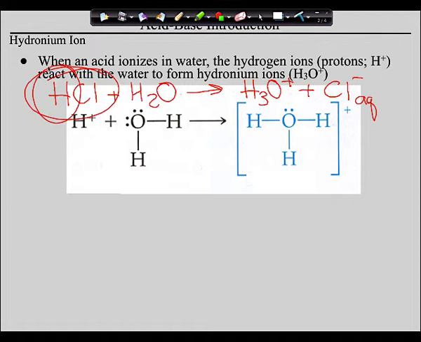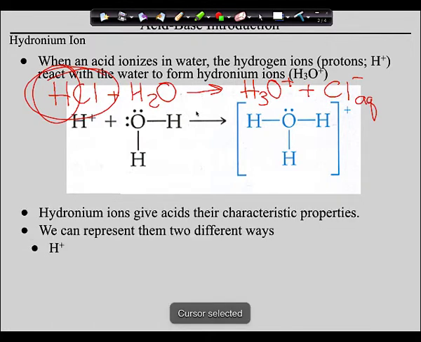So guys, the reason that we treat these as being interchangeable is because we are insightful enough to understand that there really is not any hydrogen ion in an acid.